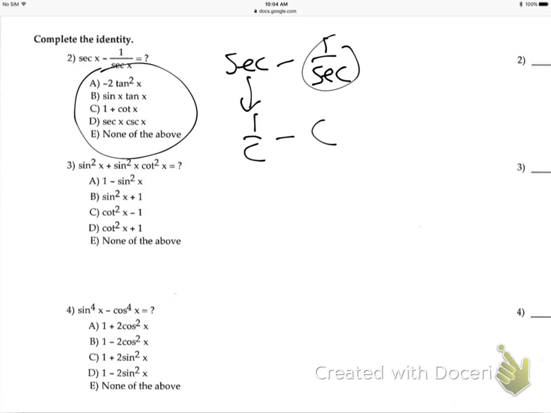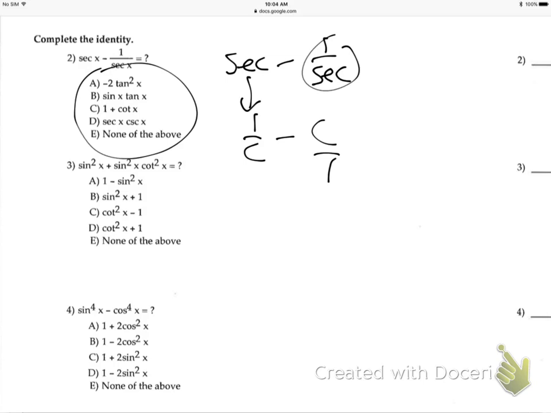Good so far? A lot of times, I just change everything to sines and cosines. So I changed secant to 1 over cosine, and 1 over secant is plain cosine. Now, how do you add or subtract two fractions together into one fraction? Common denominator, right?